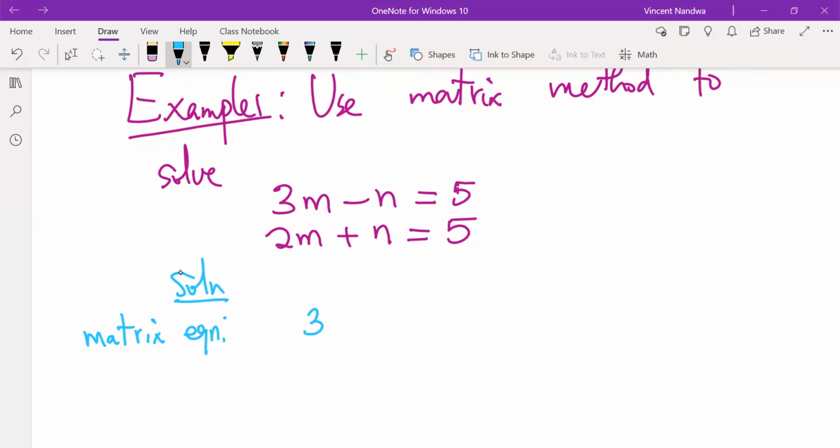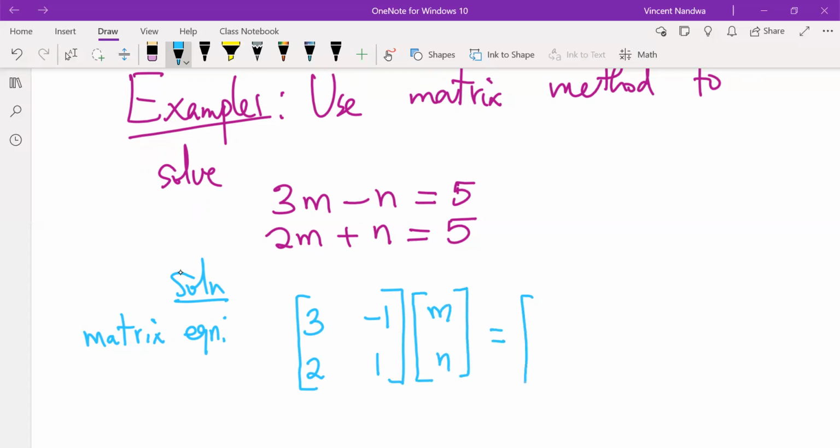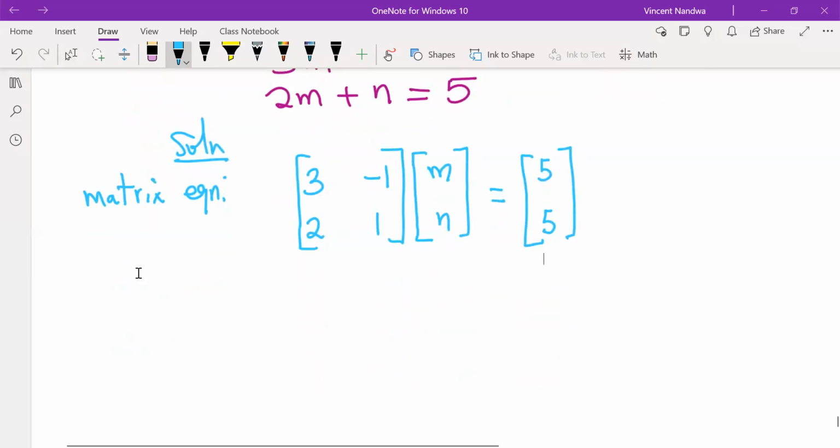So we'll have 3, minus 1, 2, coefficient of n is 1, and have the first variable m, second one n, and then have 5, 5 as the constants matrix. So this is now our A matrix.